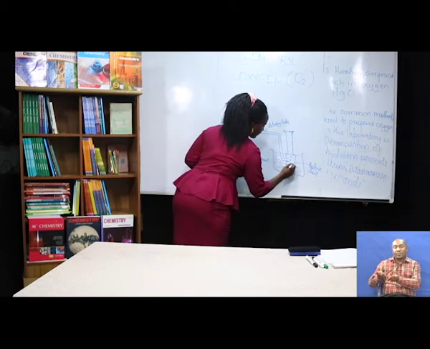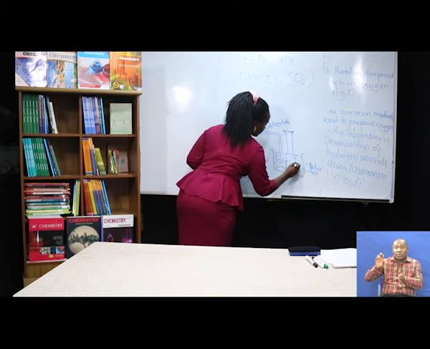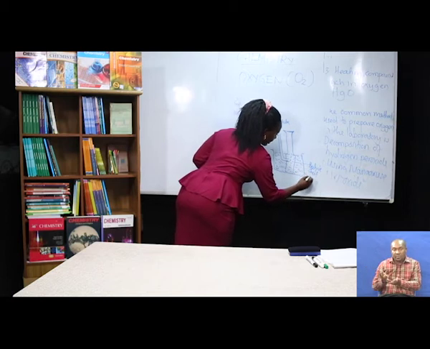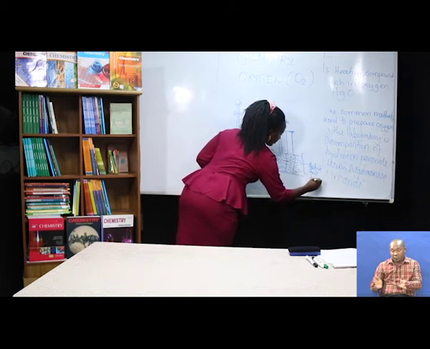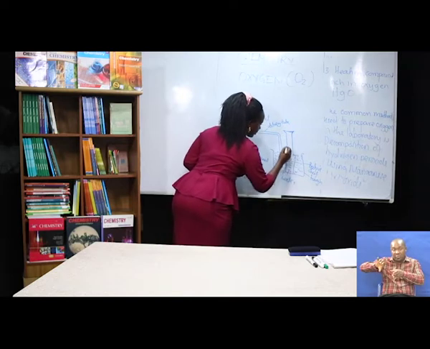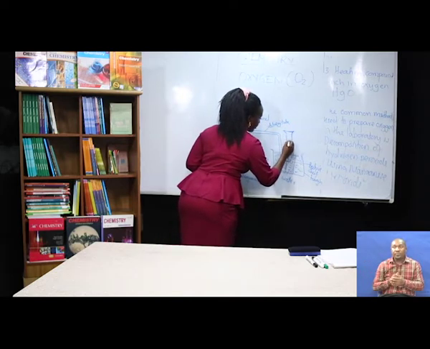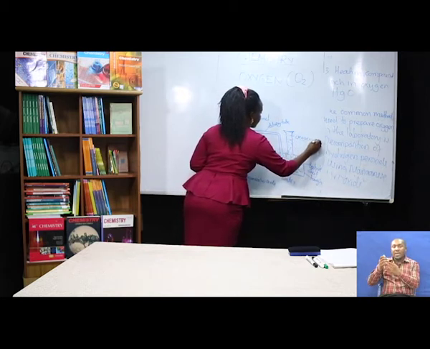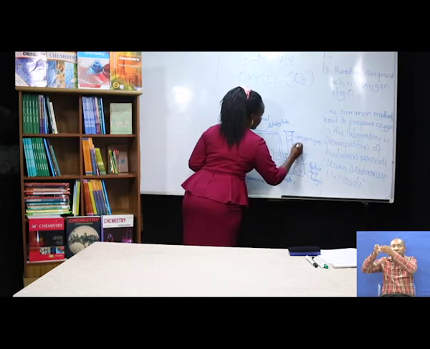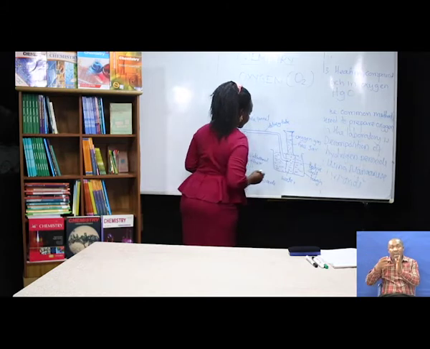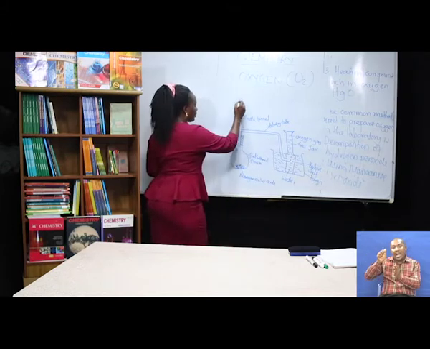Inside the trough, there is water. This is oxygen gas collected. And this is the gas jar.